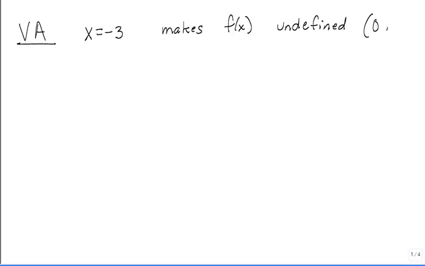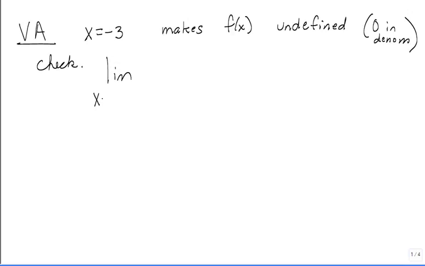Our vertical asymptote, we're going to guess, is where f of x is undefined, and x equals -3 makes f of x undefined, because that makes you have 0 in the denominator, and you can't have 0 in the denominator. So that's what we're going to guess it is. And we'll check it by taking the limit.